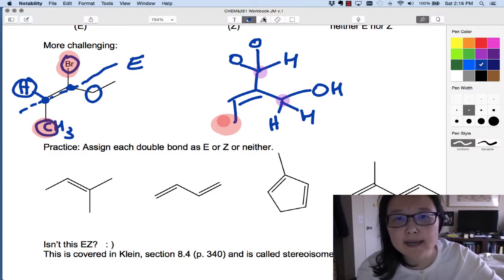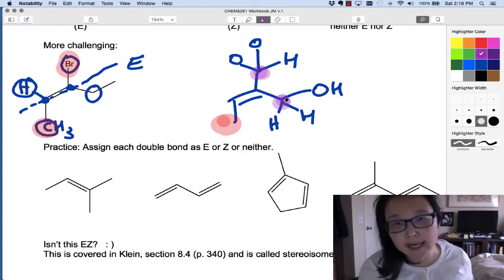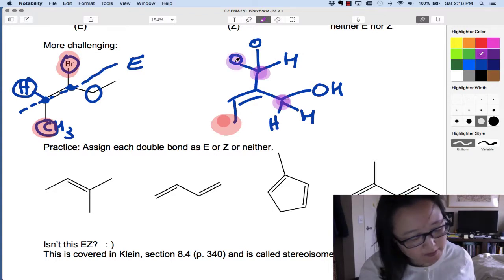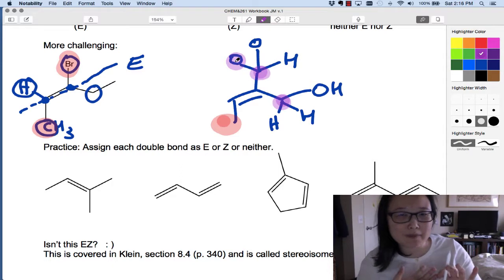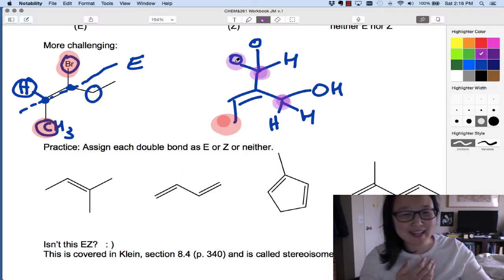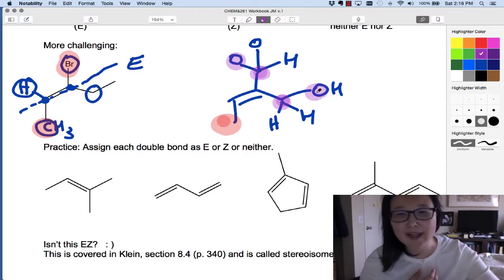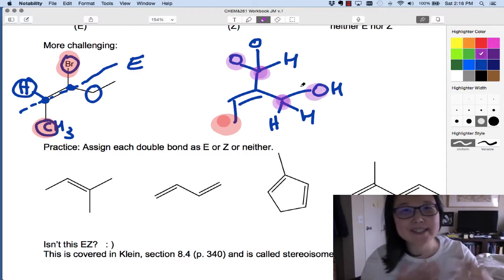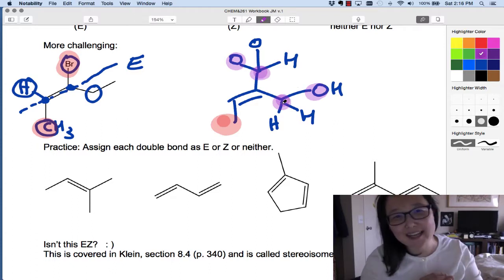So let's review. We first went to these carbons here and they tied, and then we went to the next heaviest on those carbons. So it's sort of like team players. If your team, you get to pick the best person on your team to go, and this carbon here chooses its best person on its team to go, and they're the same. Okay, so then it's a tie. So then you go back to the teams and you send your next highest.